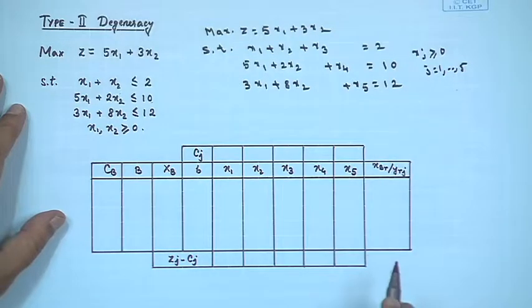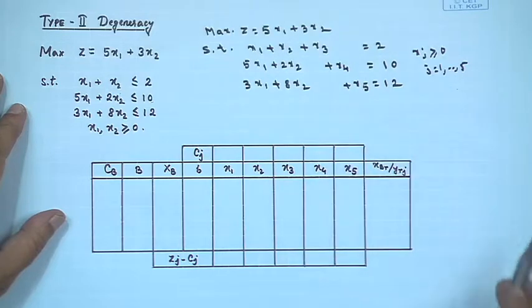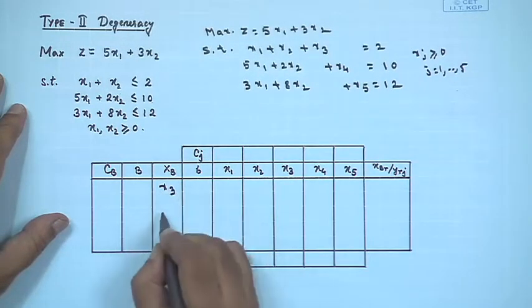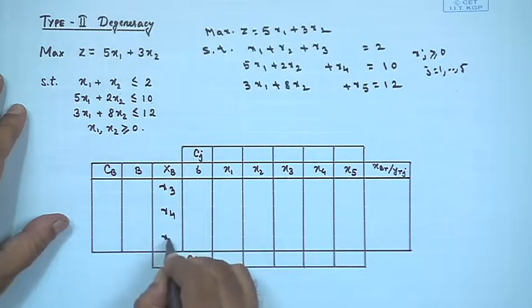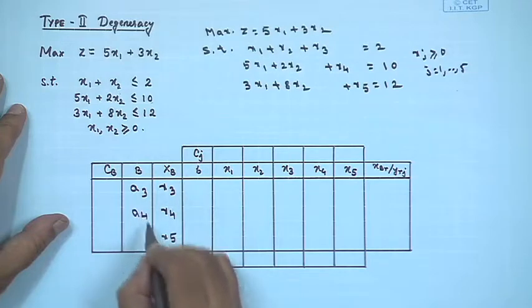The initial basic feasible solution will be, if I make x1 and x2 as 0, then x3 equals 2, x4 equals 10 and x5 equals 12. In the basis you are having three variables, x3, x4 and x5. Here I am writing A3, A4 and A5.